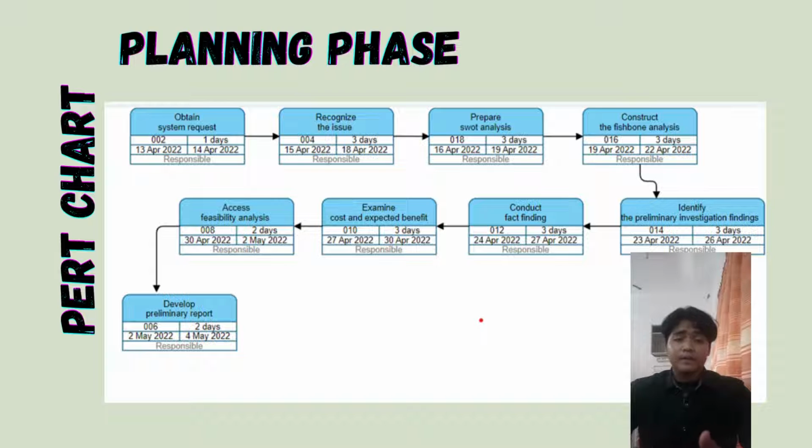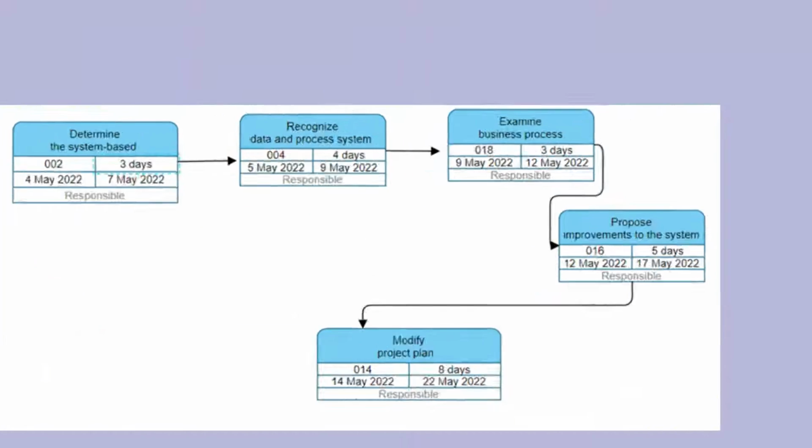Now we move to the PERT chart. This is the PERT chart for the planning phase, which started on 13 April 2020 and ended on 4 May 2020, consisting of 21 days.